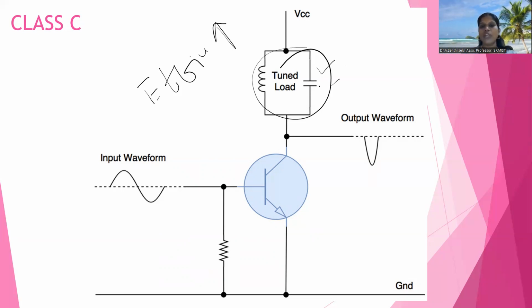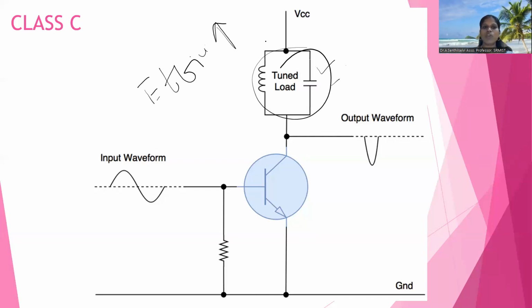This circuit is called a tuned load circuit. It increases the efficiency but sacrifices amplification, and it suppresses some range of frequencies from the input and allows a certain range of frequencies. Depending upon the tuning of this load, we can choose which frequency we need to select on the output side.